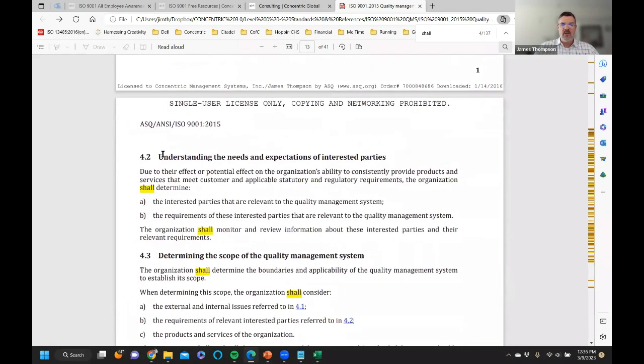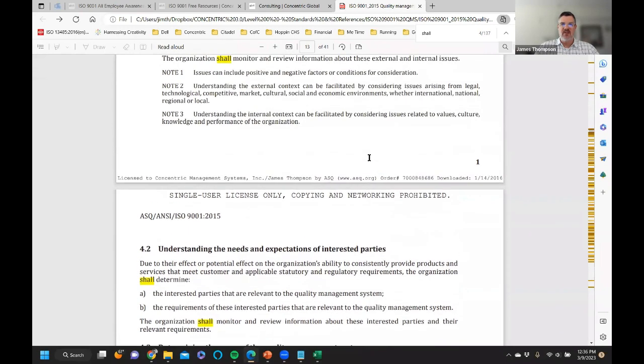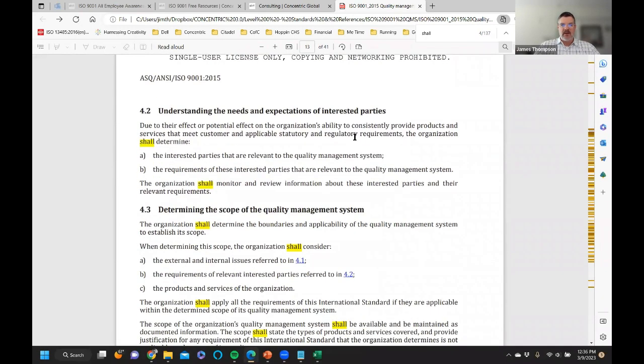4.2 is understanding the needs and expectations of the interested parties. I look at this as, okay, who do we want to please? And within the parameters of who we want to please, what issues are we trying to please?